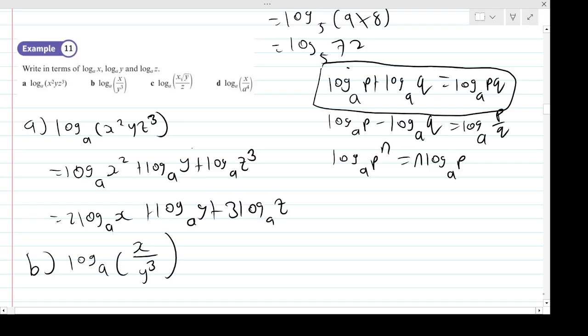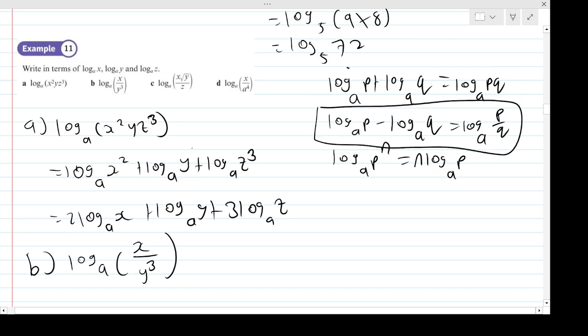Cool. Part B, we have log a of x over y cubed. Notice I've got a division inside a log, so I can use the second log law. I can split up the log as log a of x, take away log a of y cubed. I can split up a division by subtracting one log from another.